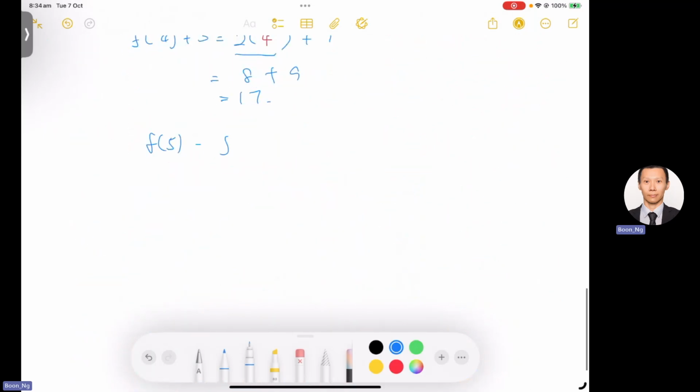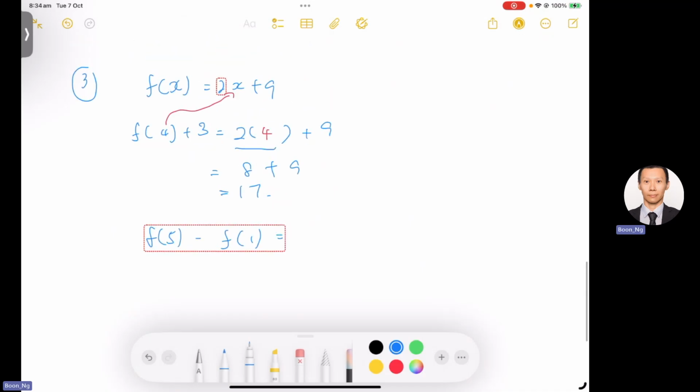Again, we do exactly the same thing. f of 5 is 2 times 5 plus 9, minus, we need to bracket the whole thing, 2 times 1 plus 9.